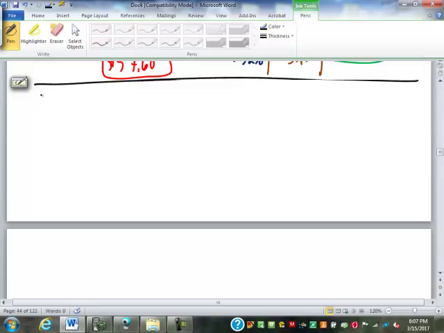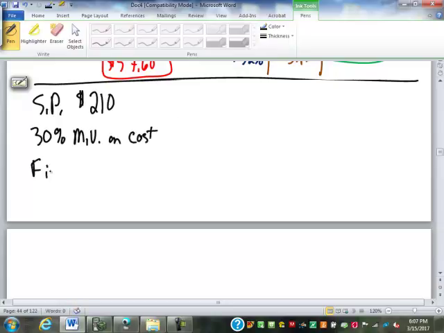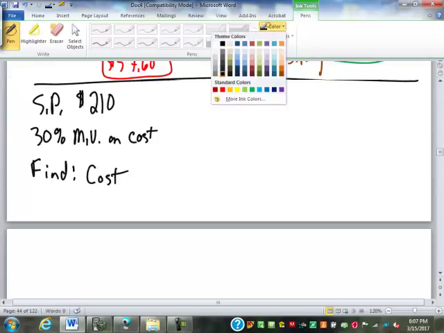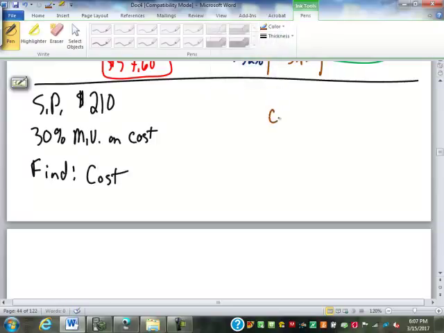So let's say we have an item that sells for $210 and has a 30% markup on cost. We're asked to find the cost. Might be able to guess what goes in the table.